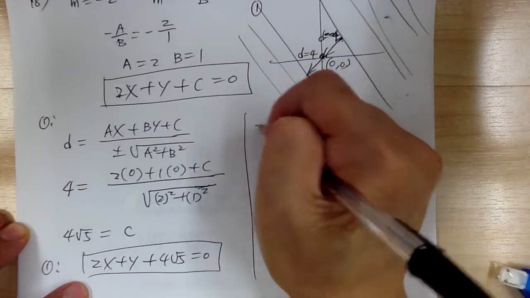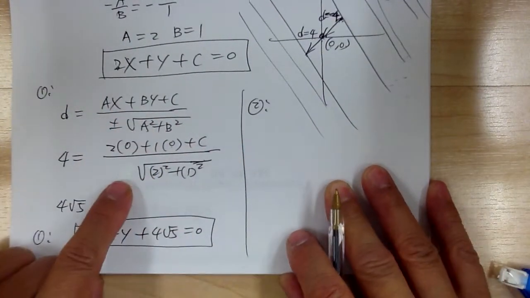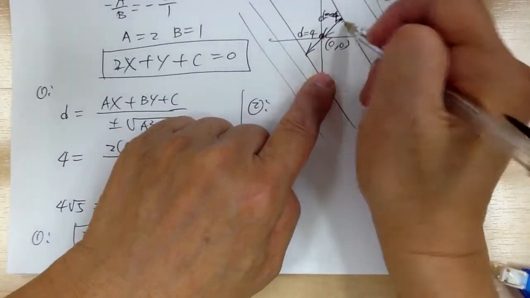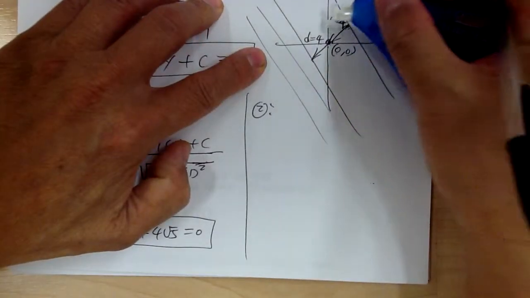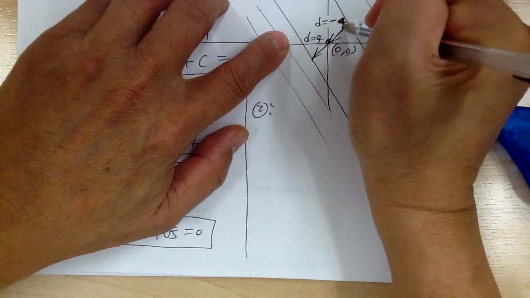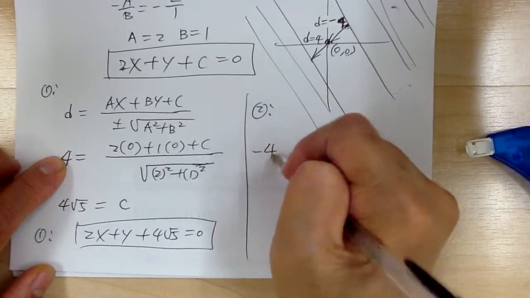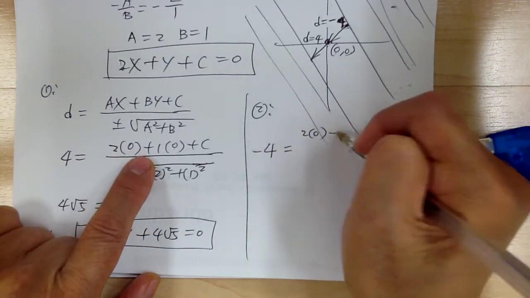Now for line 2, I do exactly the same thing, using the same template, except now for the second line the point is below the line, so your distance is -4. So all you have to do is make it -4 equal to the same thing, because we're using the same point.